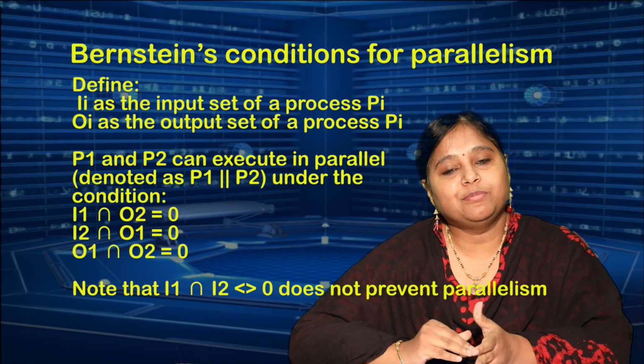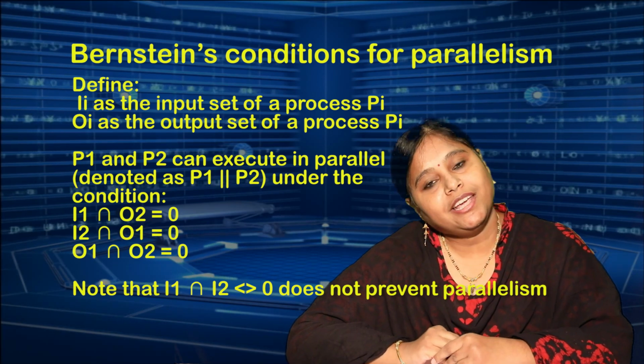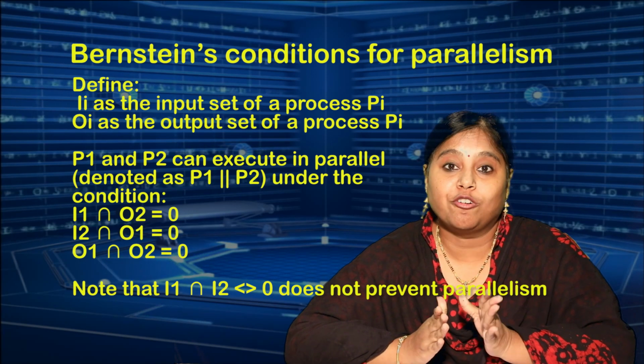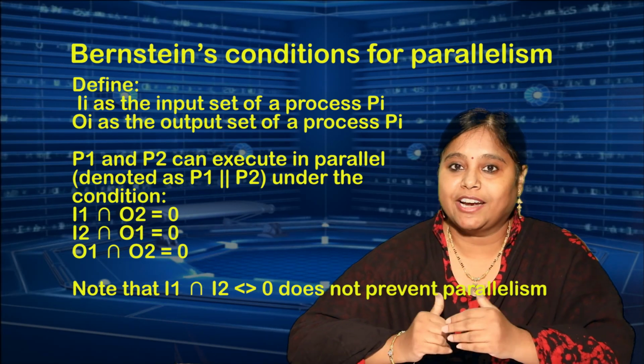Note down the point: inputs can be common, but outputs cannot be matched, and outputs and inputs cannot be matched. Don't worry, I am going to explain with an example. You can easily identify the parallelism from a piece of code. So these are the conditions advised by Bernstein.